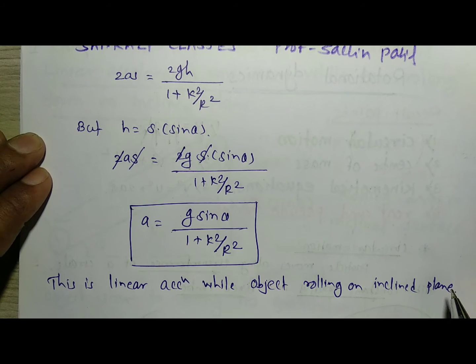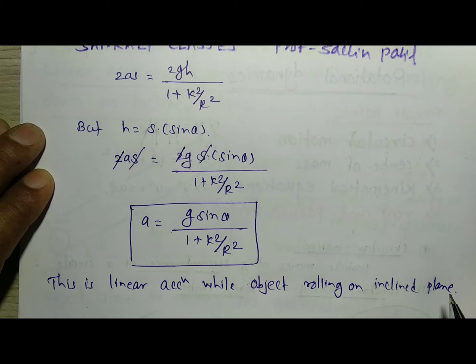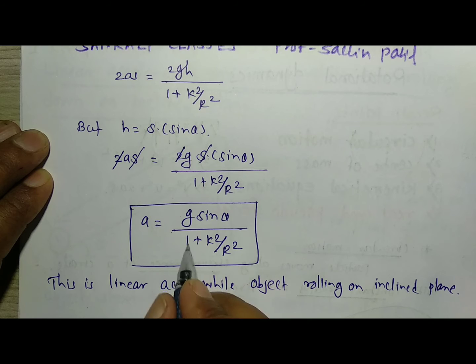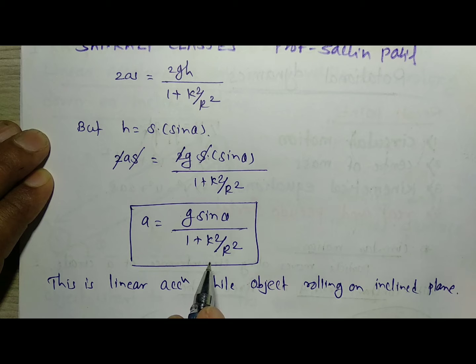For pure sliding without friction, you will get the acceleration equal to g sine theta, and the final velocity is related to that one. Here the effective factor is nothing but 1 divided by 1 plus k square divided by r square, and this effective factor is considered in both expressions, because we know that the velocity is equal to square root of 2gh divided by 1 plus k square divided by r square.